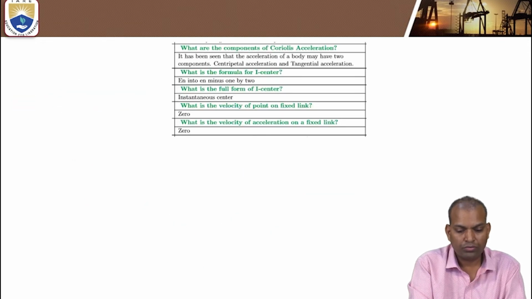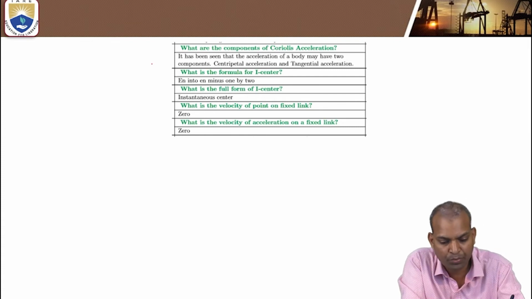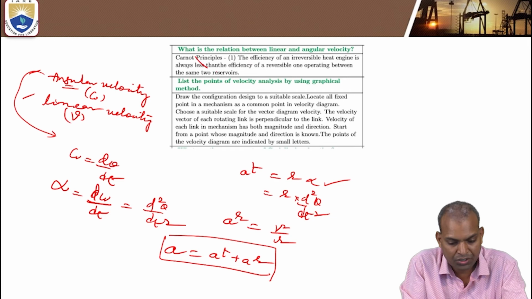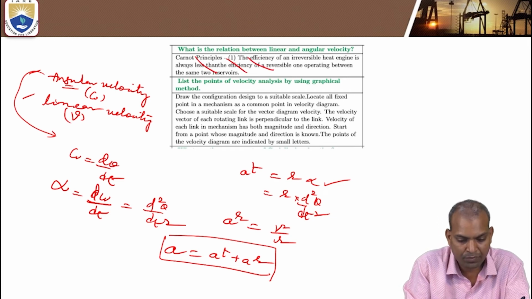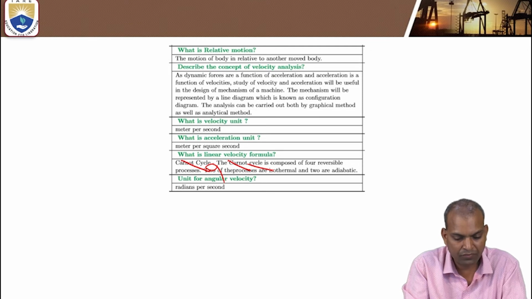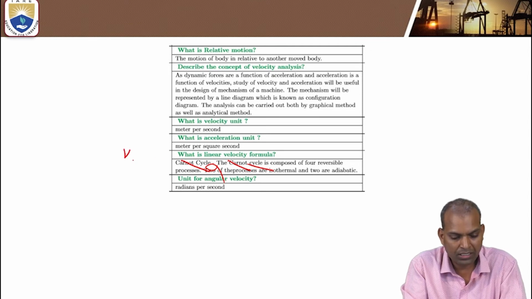Now, an important term is the components of Coriolis acceleration. Here, this definition is wrong. And one more thing, this is also wrong. The linear velocity formula: the relation between linear velocity and angular velocity is v equals r omega.